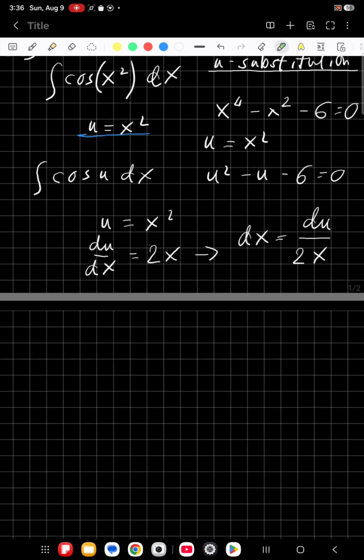Alright, so I take that expression for dx and I will replace this dx with it. Okay, so I have the integral of cosine u, and then I have du over 2x.